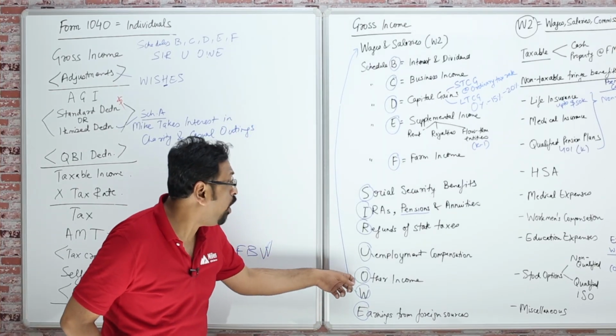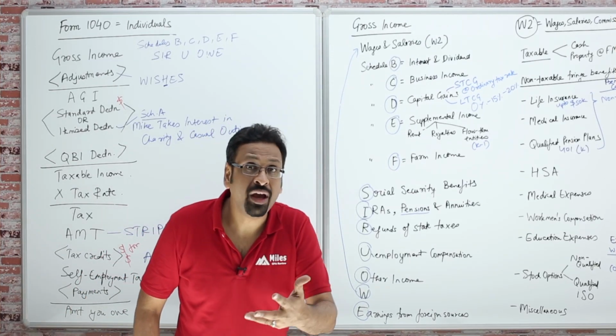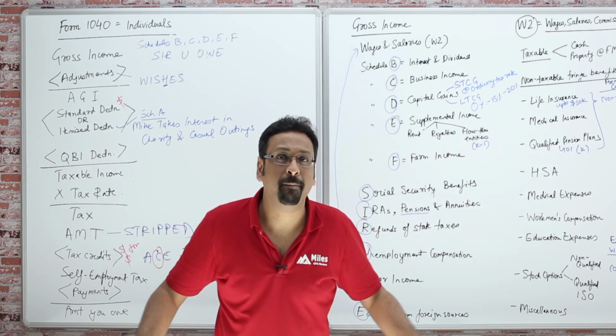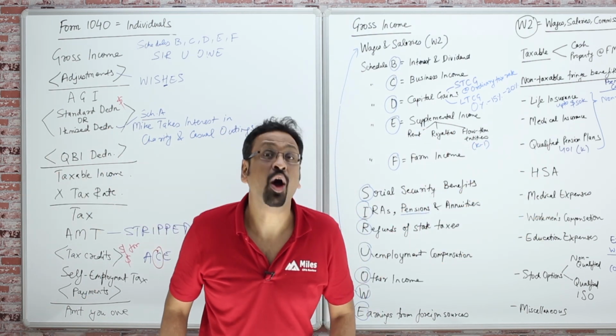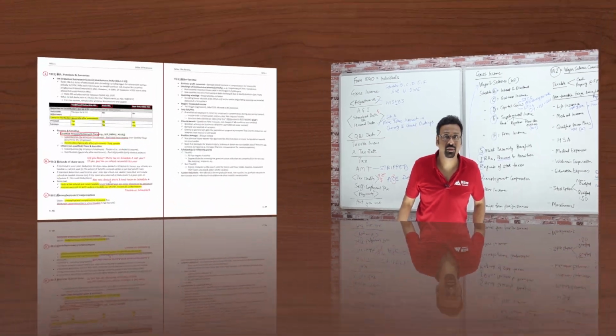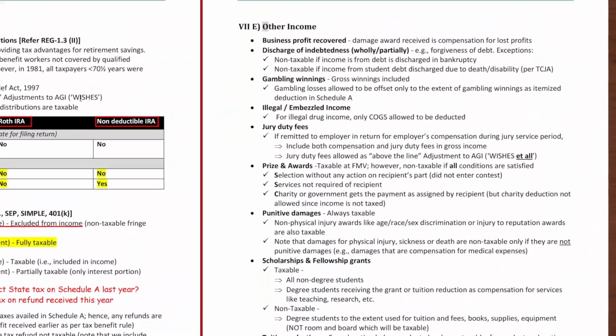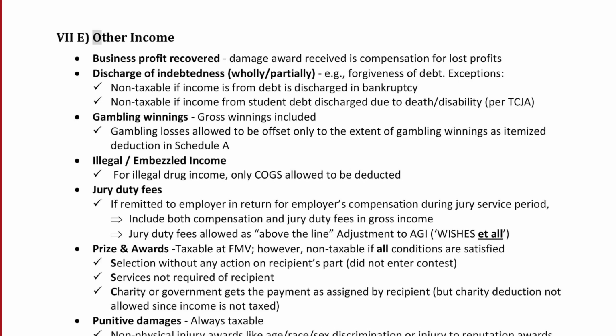The O of SIR-UO is all your other income. And my favorite one here is your gambling winnings from Vegas. On page 47, we've got other income, which is the O of SIR-UO.